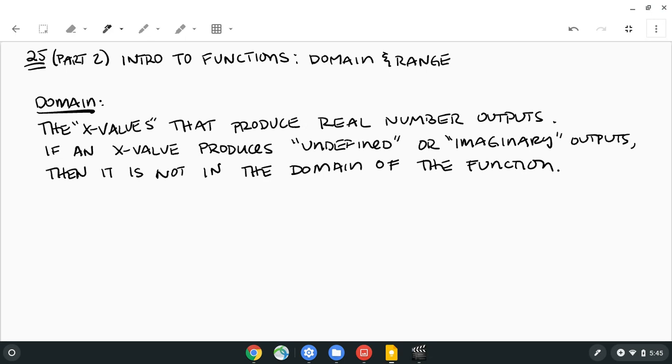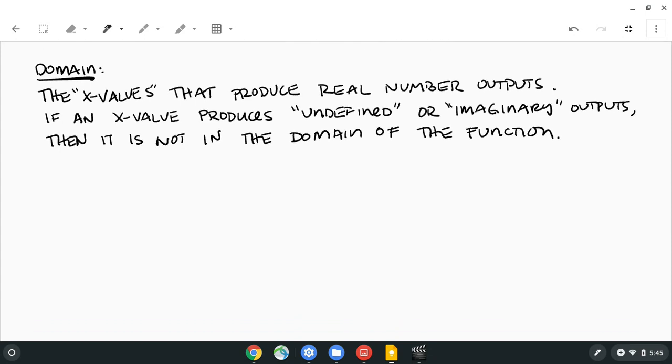So in order for an x value to be in the domain, it cannot produce undefined or imaginary results.